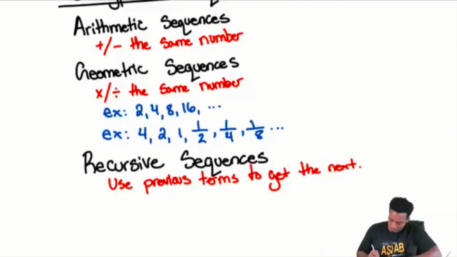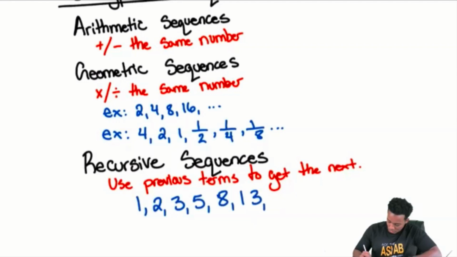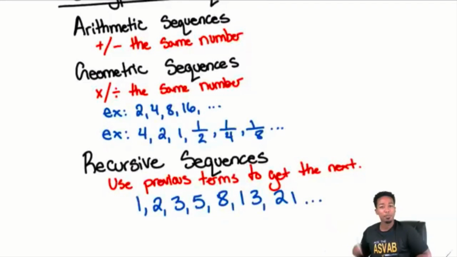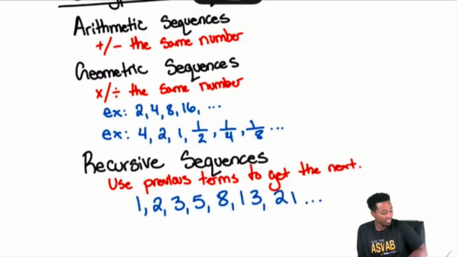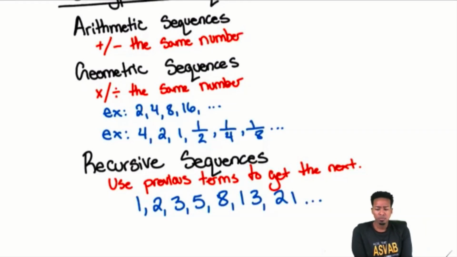If I gave you this sequence, everybody, what's happening in it? Let's see who can figure that out. Who can describe it in the chat box? What the heck is happening here? Okay, so Maya says +2.